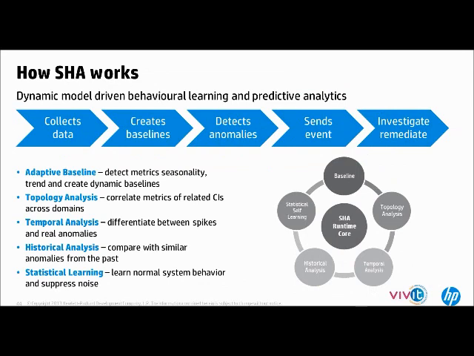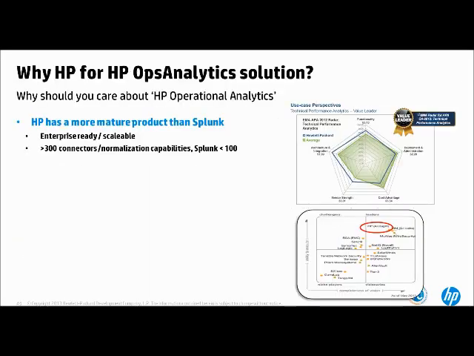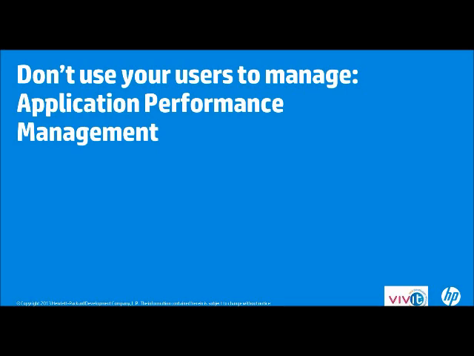The capabilities that SHA provides include adaptive baselines, so you don't have to worry about thresholds; topology analysis, to correlate the metrics of the related CIs and differentiate between real anomalies and spikes; and historical analysis, compared with similar anomalies in the past. It learns system behavior statistically based on statistical information.